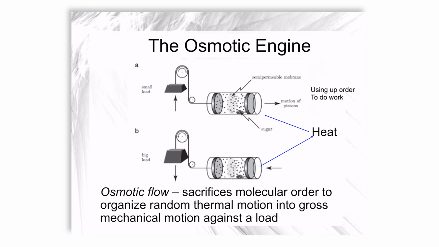So to summarize, osmotic flow sacrifices molecular order to organize random thermal motion into gross mechanical motion against a load. So remember what I said earlier about high quality and low quality work. This is what we were talking about.